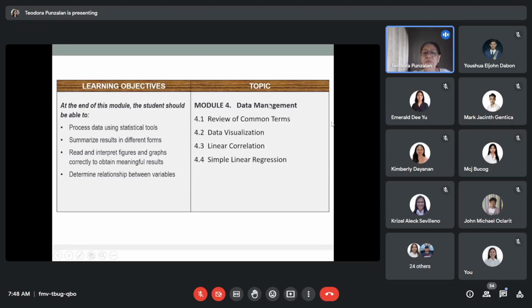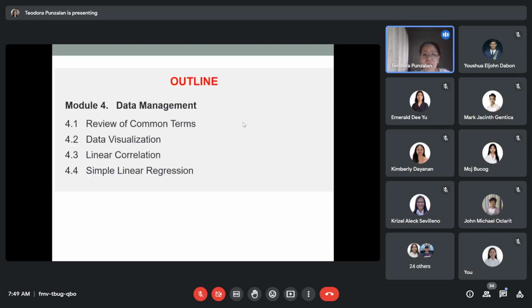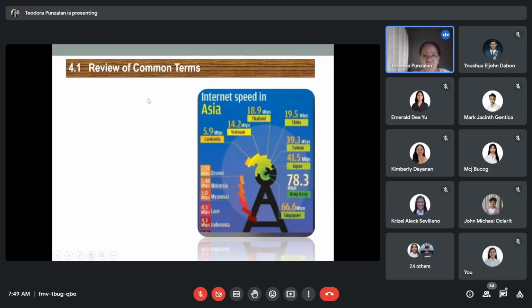Sige, 4.1 is about the review of common terms, 4.2 data visualization, and then we have 4.3 and 4.4. I'll just try to check if I would still have time to continue to 4.3 and 4.4. I'm aiming to finish 4.1 and 4.2 this morning. Okay, so let's go to review of common terms.